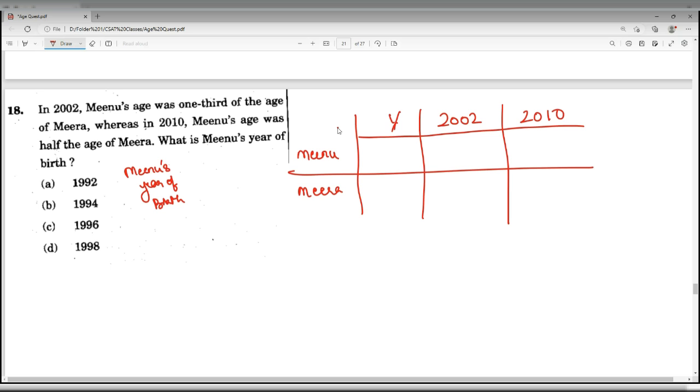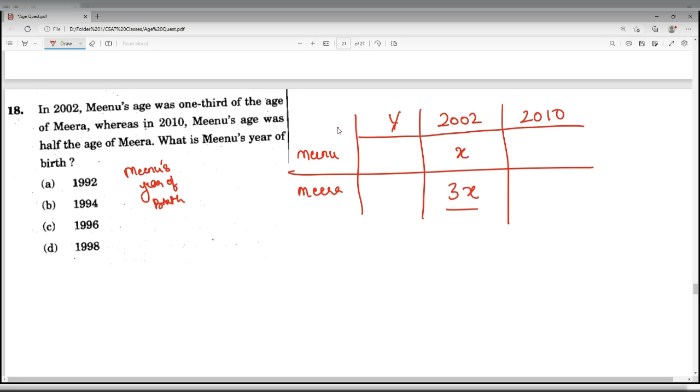So in 2002, Meenu's age was 1/3 of the age of Meera. So what we can do is take Meera's age as 3x, and Meenu's age, being 1/3, becomes x. I hope you don't have any issues with this. Instead of taking Meera's age as y or some other variable, I've taken Meera's age as 3x.